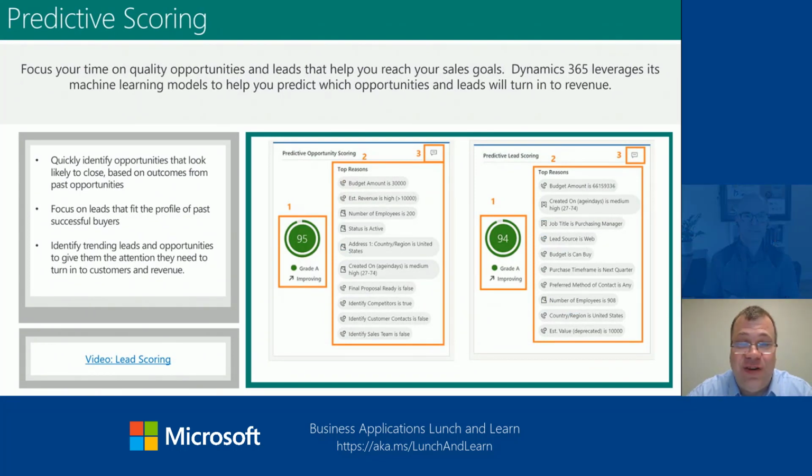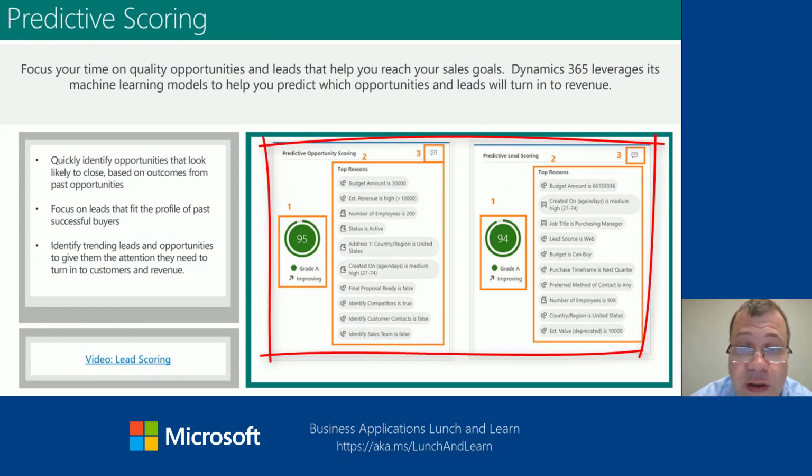Speaking about system of intelligence and really leveraging the machine learning capabilities that we can bring to bear within Dynamics is utilizing predictive scoring. So within the sales online capabilities, if you are able to qualify a certain number of leads or qualify a certain number of opportunities, our machine learning will actually pick that up and learn from that so that it can give you a score, when you enter new leads or new opportunities, as to whether or not it makes sense for you to focus on that.